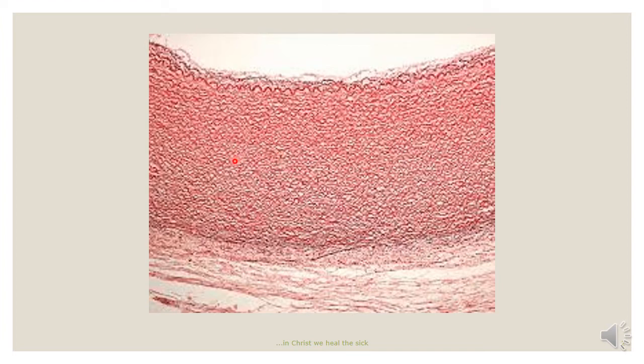The tunica media also contains collagenous tissue placed between the elastin fibers, so not only the elastin fibers stain pink, but also the collagen tissue between them. So again, this is the tunica intima, then the tunica media, and then the tunica adventitia.